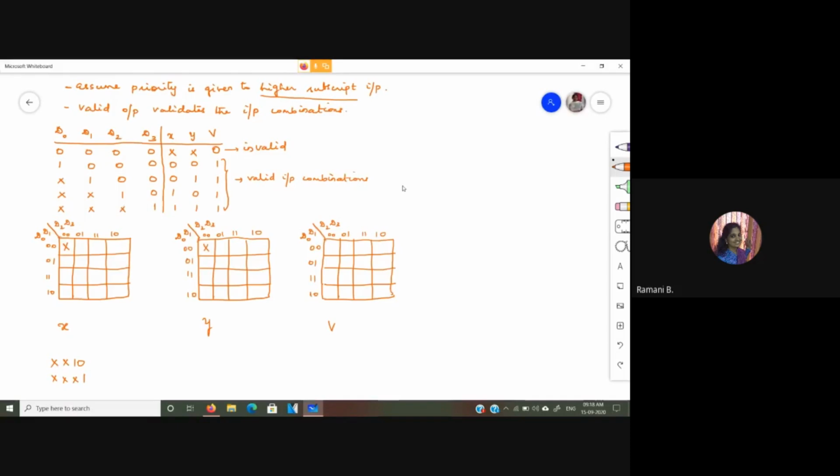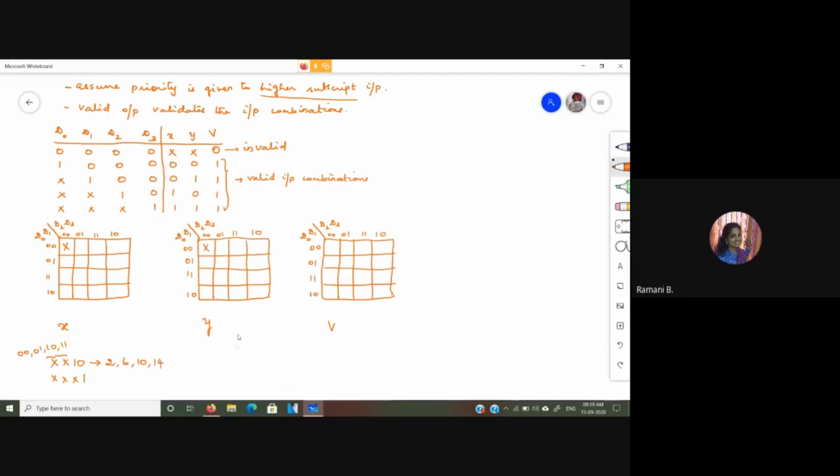Which implies this 2X can take the values 0, 0, 0, 1, 1, 0 and 1, 1. Right? So the corresponding minterms for this are 0, 0, 1, 0 is 2, 0, 1, 1, 0 is 6, 1, 0, 1, 0 is 10 and 1, 1, 1, 0 is 14.